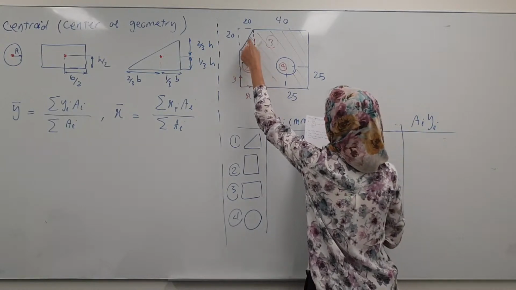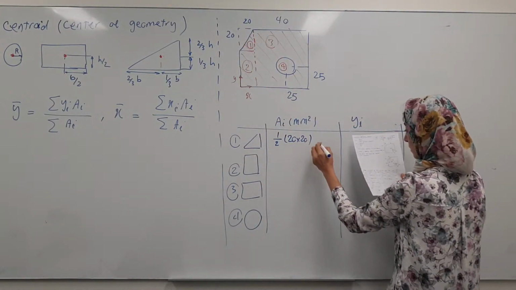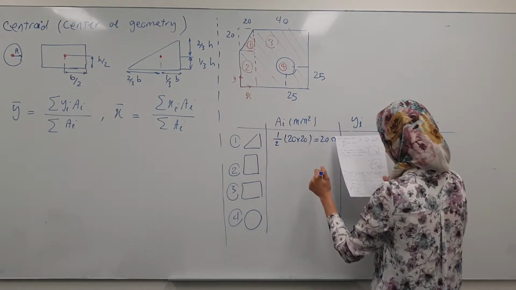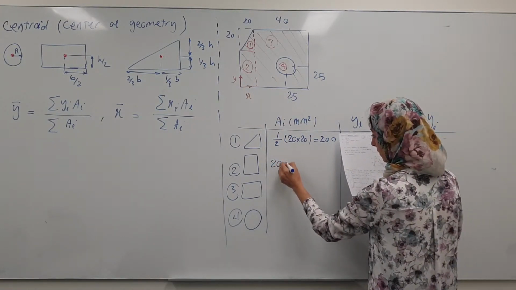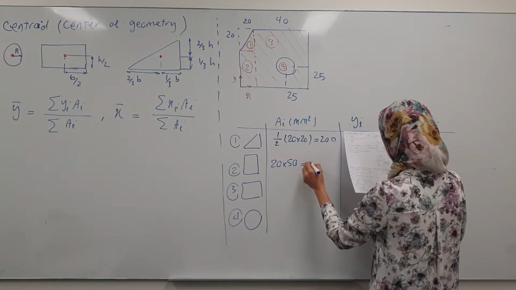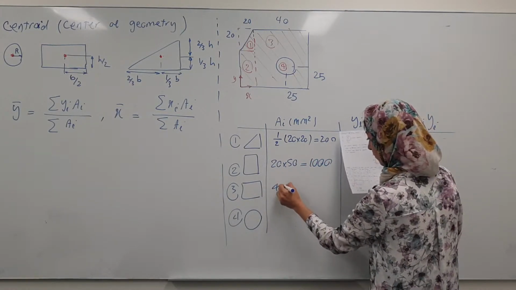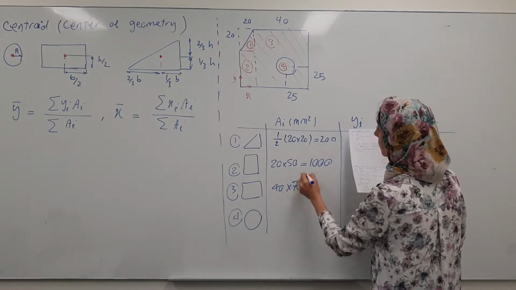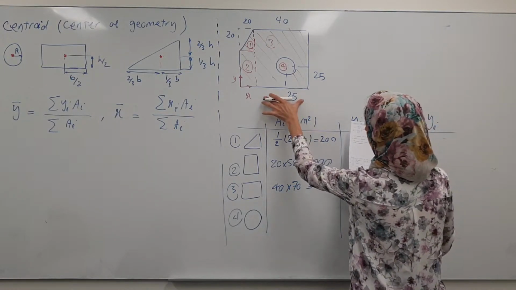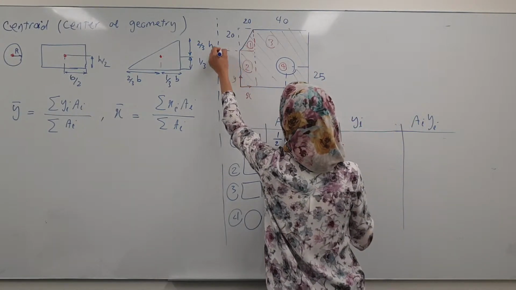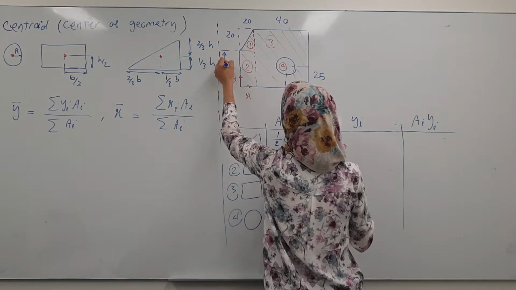So we know the area for this triangle. This is 20 millimeters, this is 20 millimeters. The area for this rectangle is 20 millimeters times 50 millimeters, 1000. For this one it is 40 times 70. So this is 40, and this height, okay, I forgot to put this one, this is about 50.